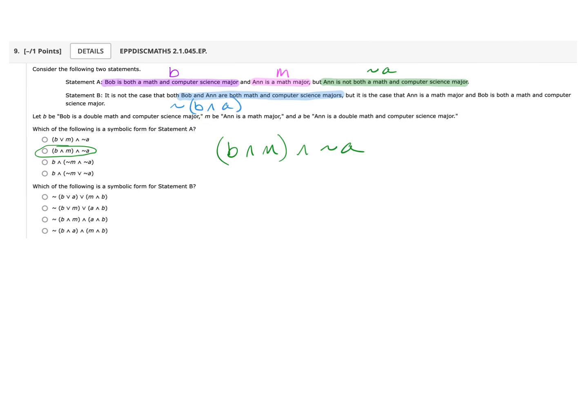It's not the case that Bob is a double major and Ann is a double major together. Okay, but it is the case, so but is an and again, it is the case that Ann is a math major and Bob is a math and computer science major.